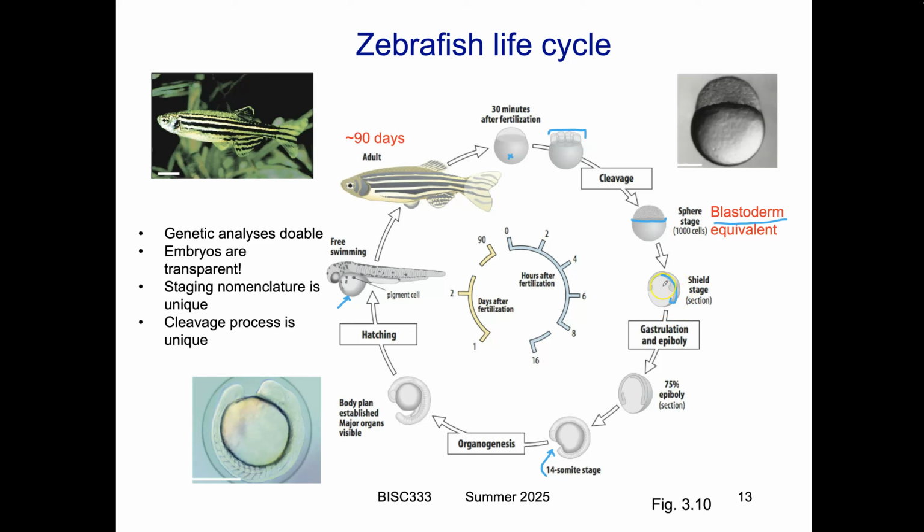There's a bunch of cell movements that we're going to talk about. And so the gastrulation process and epiboly, which is how the cells move down and around and cover the embryo.